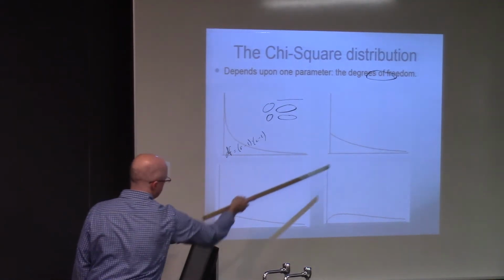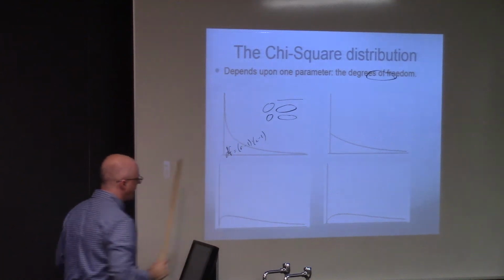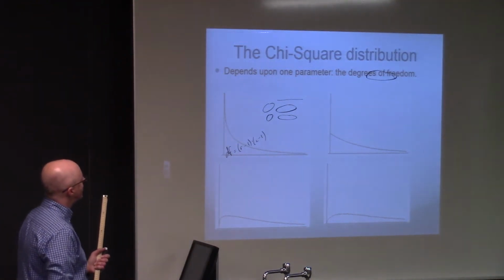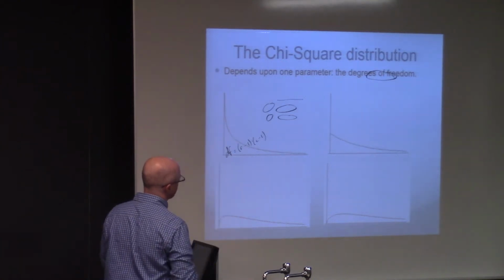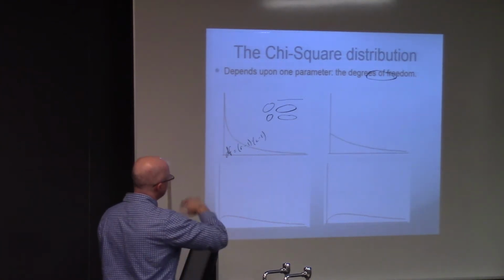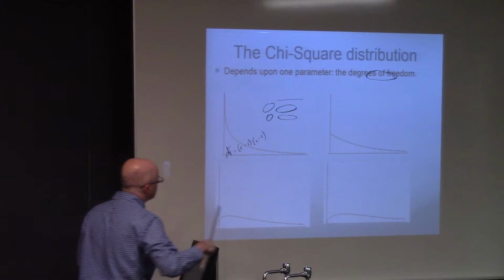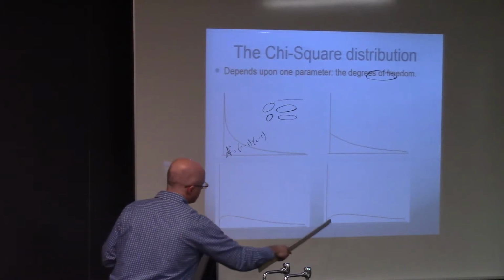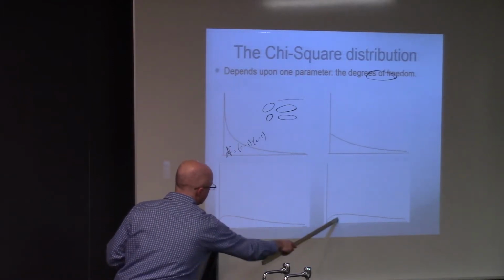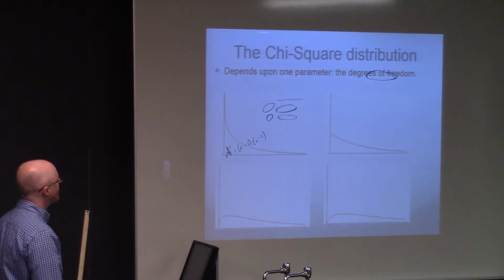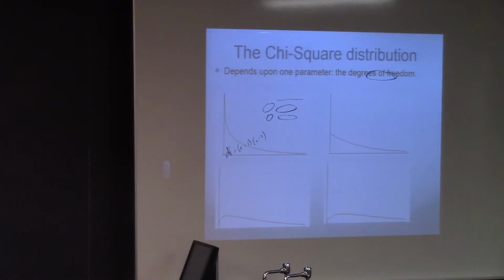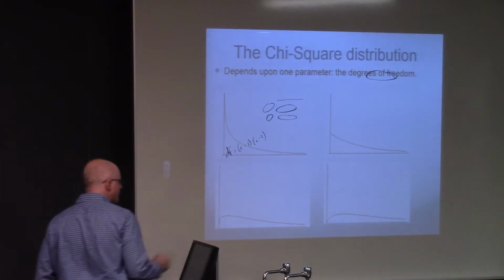This might be 2 degrees of freedom, this might be 3, and this might be 4. Initially, with a small number of degrees of freedom, it does not have any kind of maximum. But as the degrees of freedom gets higher, you do get a maximum point to the graph, and the graph spreads out more to the right. I'm not sure if there's a real intuitive way to think about that, but that is how it's related to the number of degrees of freedom.